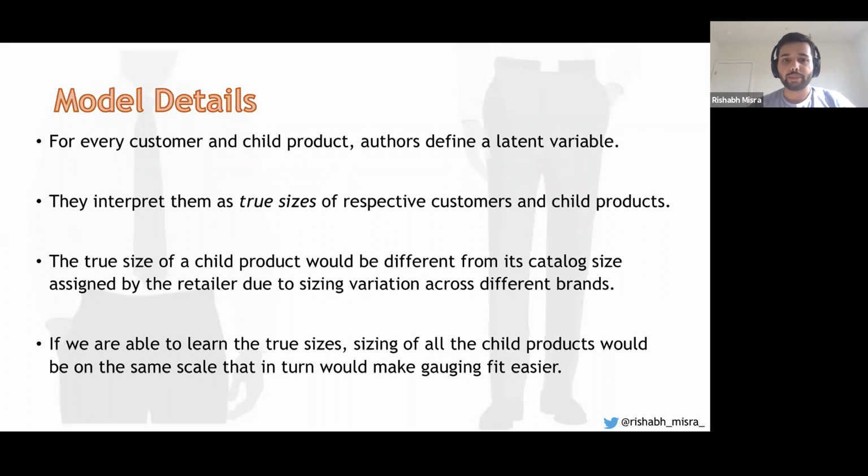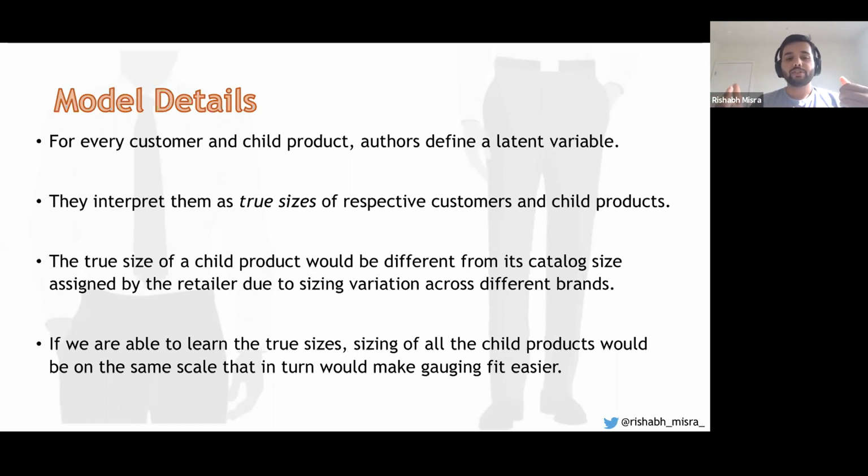In the paper, the authors define one latent variable for each customer and child product, and they interpret it as true sizes. Basically, those features would capture the true sizes of customers and child products. This true size would be different from the catalog size for a particular child product, because there are sizing variations across different brands.